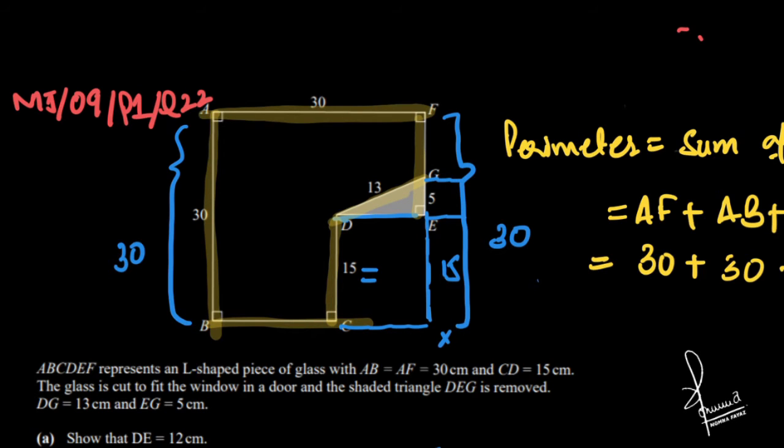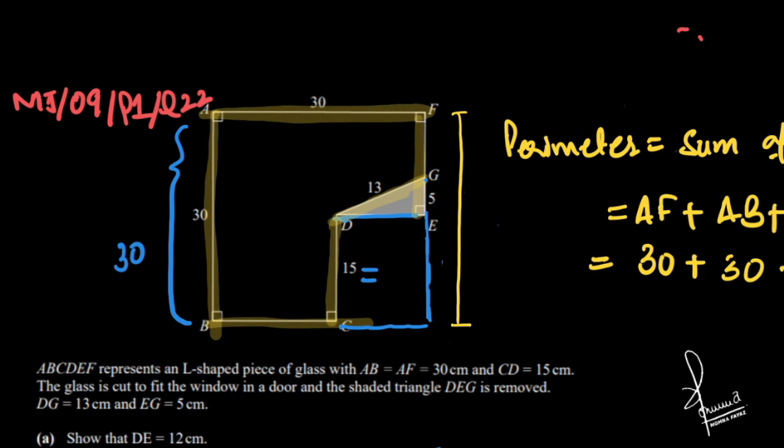So पूरे 30 में से इतना हिस्सा आपका 15 हो गया. अब बाकी का ये 5 जो है ये भी आपने माइनस कर दिया. That means this remaining length which is FG is going to be 30 minus 15 minus 5. I am repeating. So this whole length is 30.